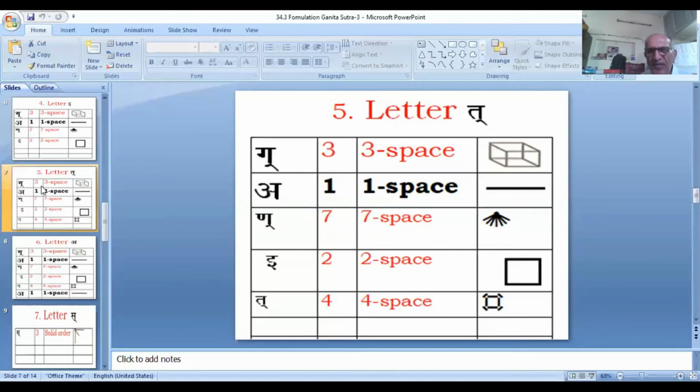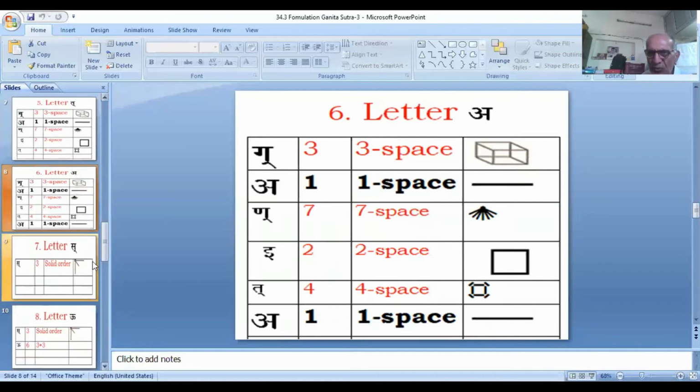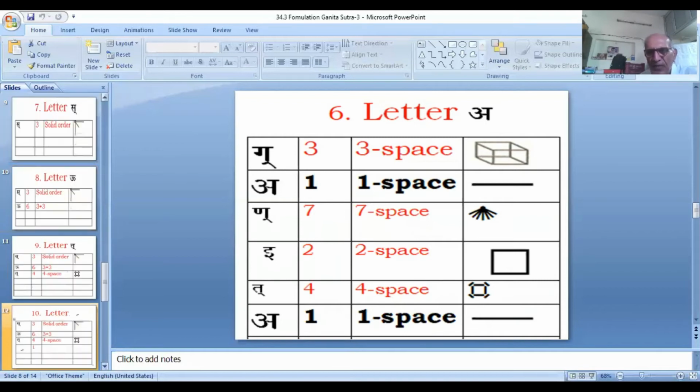The sixth phase and stage, the final phase and stage of the formulation Ganit, the first word formulation of Ganita Sutra, is one space. Therefore, the creative order is put in linear progression.